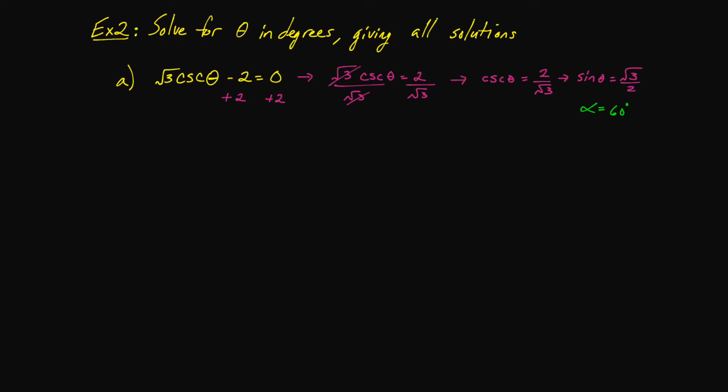So we can say 60, we're not going to write degrees yet, and I'll show you why, plus 360, so that's another full rotation, times n, in degrees. That is an equation for solving any specific solution, depending on whatever interval you're given. So this will work for any interval. It will spit out whatever number you want to fit in that interval.